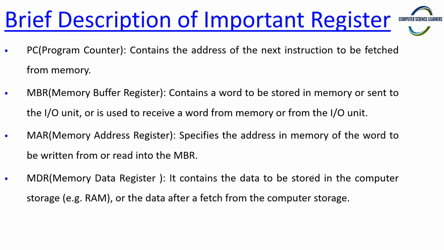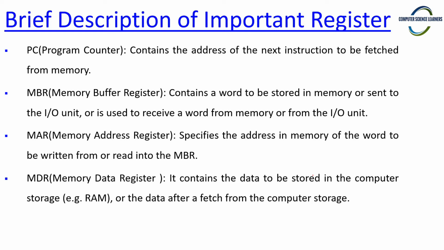So to compensate between the speed of the CPU and the IO devices or memory unit, we use the buffer register. We have the memory buffer register to compensate for the speed of the main memory, and similarly the input output buffer register to compensate for the speed of the input output units.